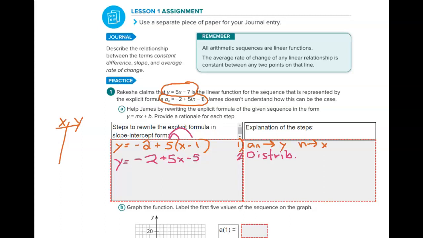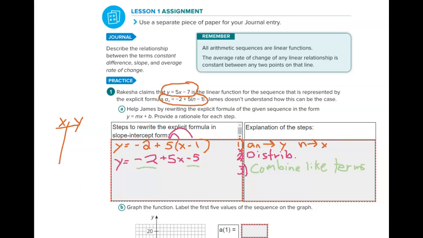Now our third step is going to be to combine like terms. And what combining like terms means is that we're going to combine any numbers that don't have variables. Those are called constants. We're going to combine our constants with each other. So we're going to do -2 plus -5, or you could also think about it as -2 minus 5.